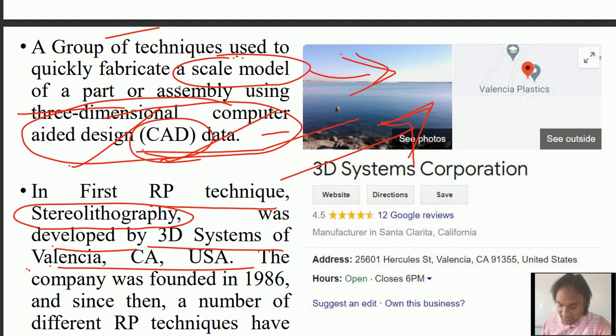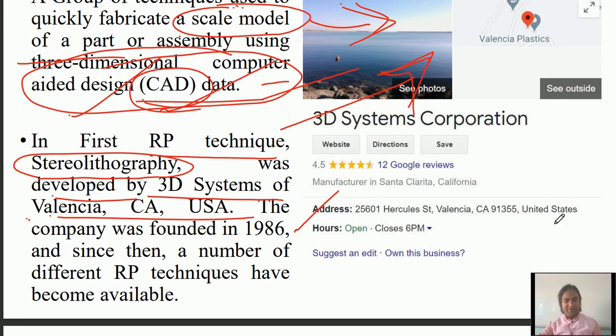The company was founded in 1986, and since then a number of different RP techniques have become available. Around the 1980s they were working on rapid technology with the help of NC machines and CNC machines.